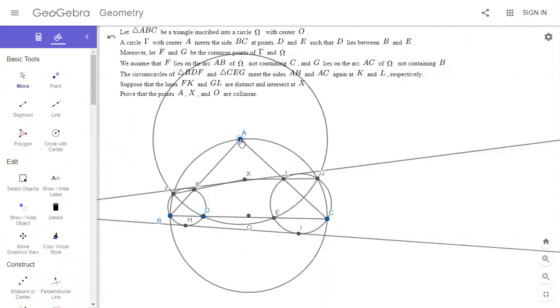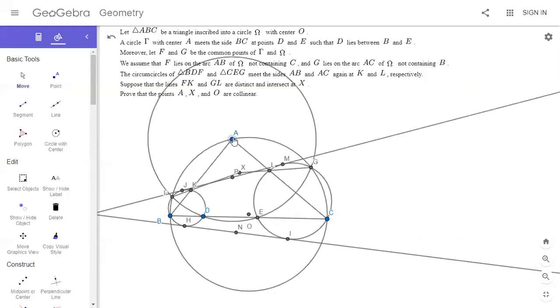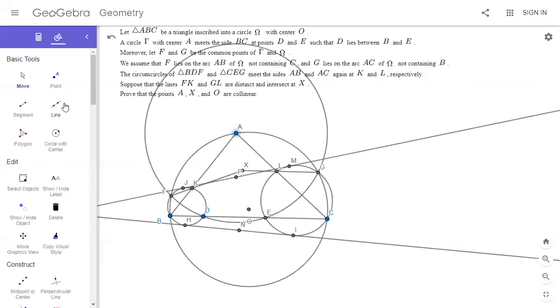But what we can do, I'm just going to draw the radical axis of those two circles. Okay, so it should be the line NP.